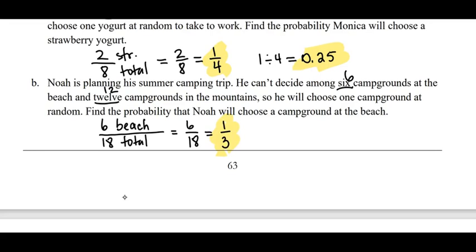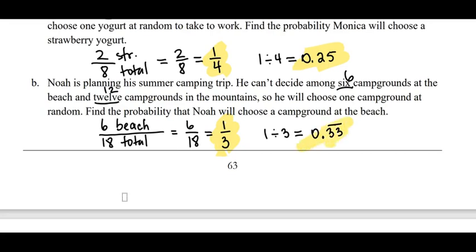And now we're going to convert that into a decimal, 1 divided by 3. 3 doesn't go into 1 evenly, so it's going to be 0.33, and that repeats. All right, so that is your decimal part.